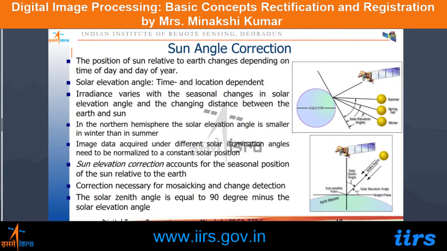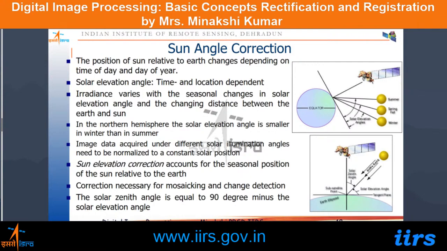You have to remove this solar difference. You have to assume as if the sun was overhead instead of at different angles, and ask what the reflectance would be. This sun angle correction, or elevation correction, will remove your seasonal illumination difference.